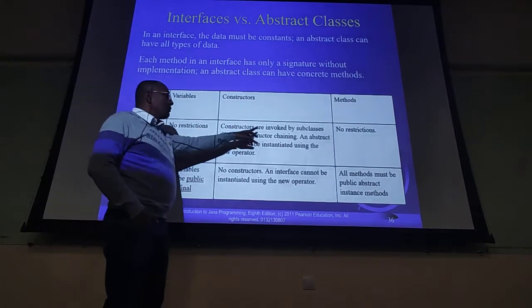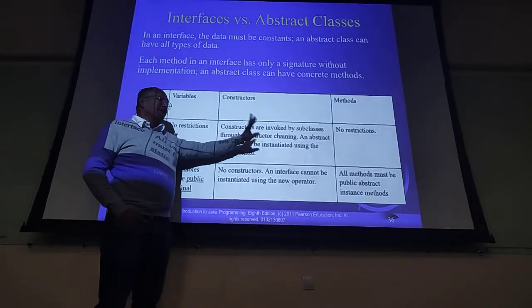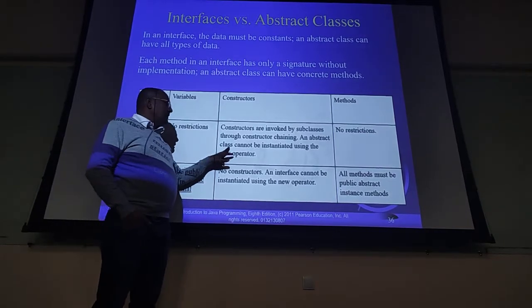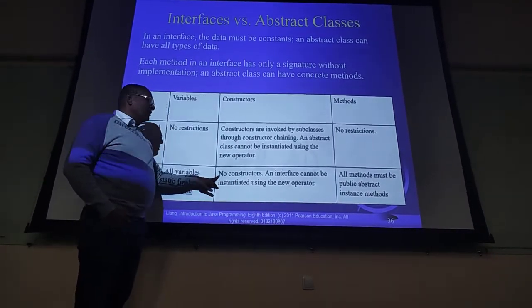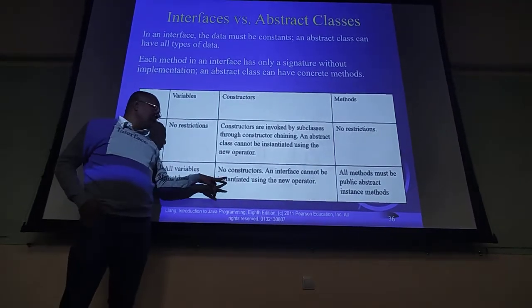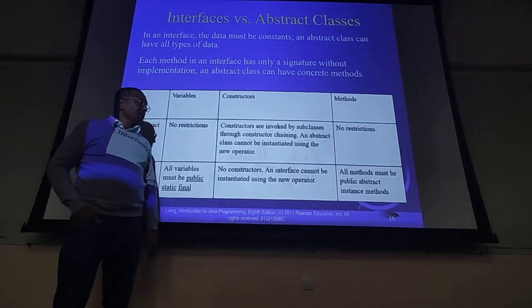So constructors are invoked by the subclass through constructor chaining. You know constructor chaining, we studied last week. The abstract class cannot be instantiated using the new operator. An interface has no constructor, because this is not a class. An interface cannot be instantiated using the new operator.